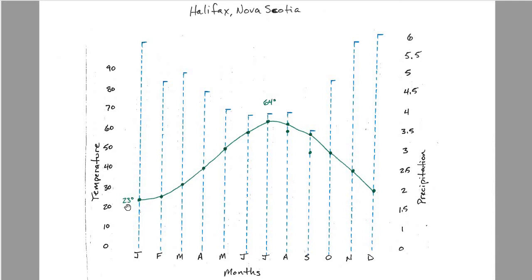Then we look at the rainfall for our second letter, our precipitation, and we see whether or not these bars of precipitation, monthly precipitation averages, exceed an inch. And so here we can see these definitely exceed an inch, and you can see a degree of seasonality here, a fairly wet winter, relatively drier summer, but still lots of rain, 4 inches of rain on average per month, and up to 6 or so.